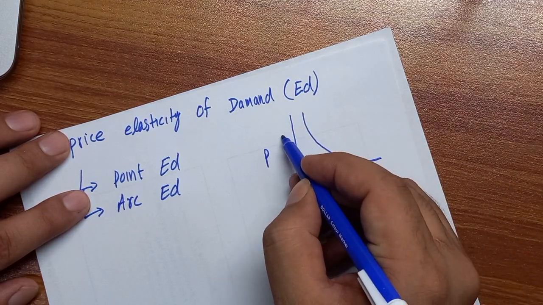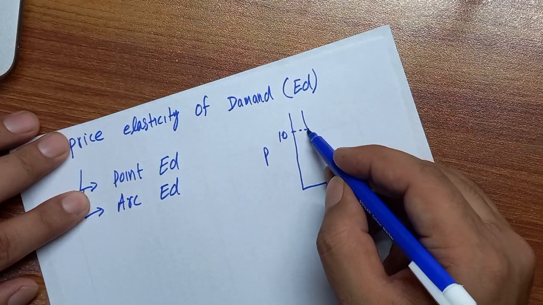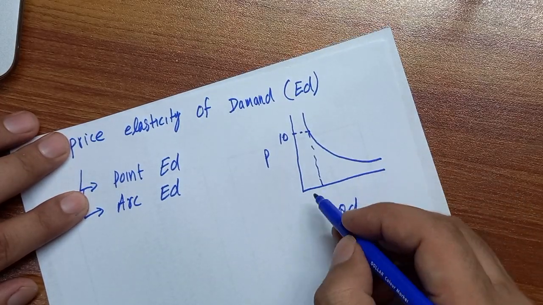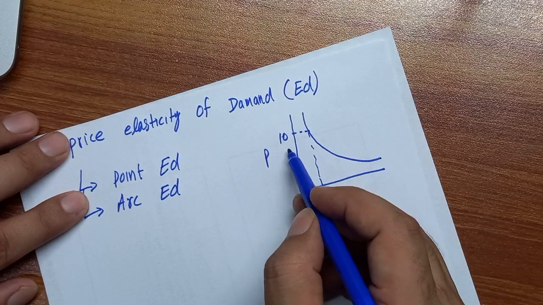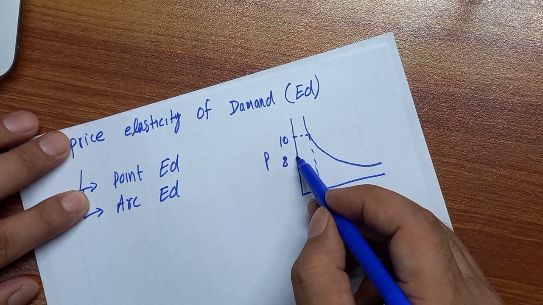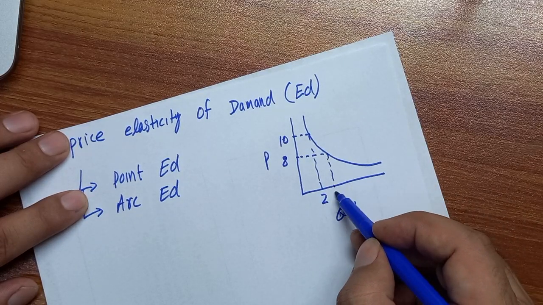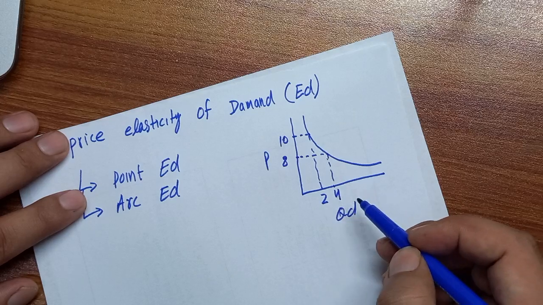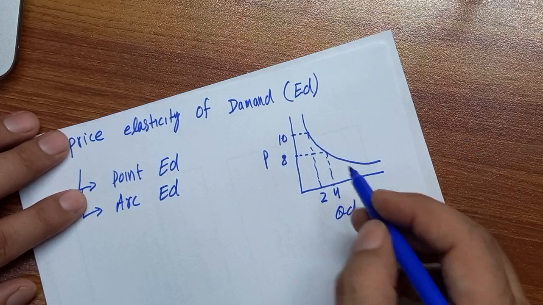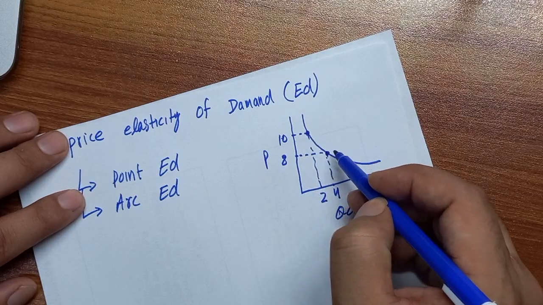and here when the price, let's say it is 10, we will have quantity of demand, let's say it is 2. When the price is changed, let's say the price is 8, the quantity of demand will also change, let's say it's 4. So we are getting these points.